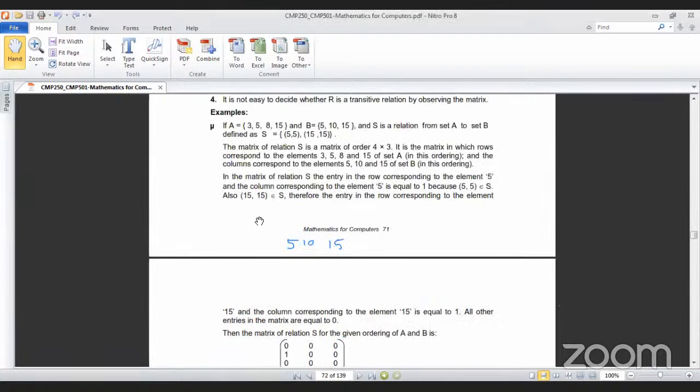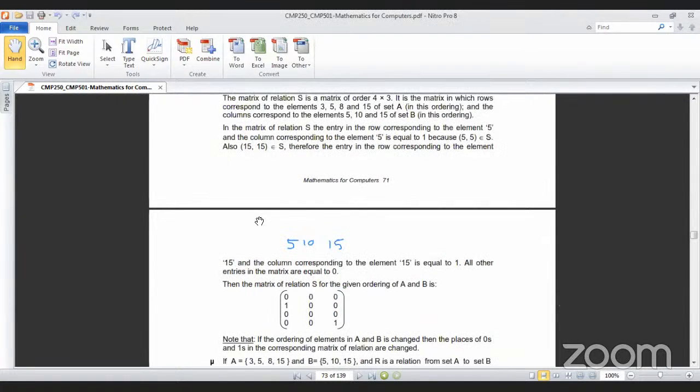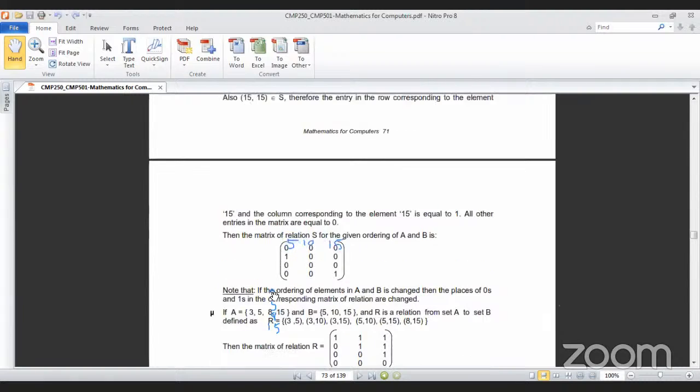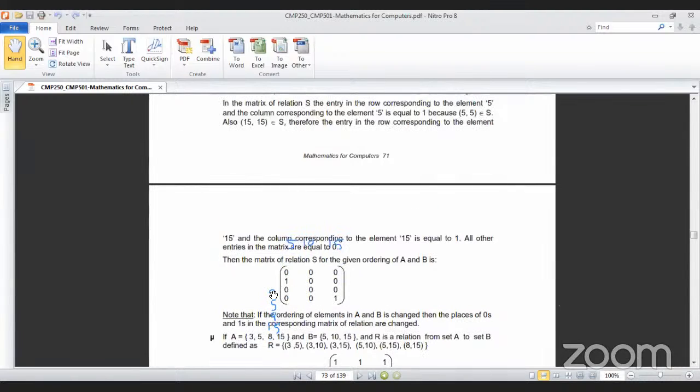And the rows are 3, 5, 8 and 15. In our relation, you can see how many are there? 2. If 5 is related to 5, at that time the value will be 1. And 15 and 15 will give me value 1.